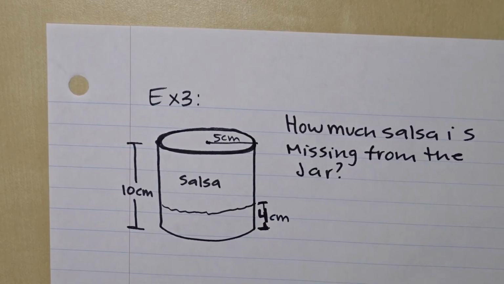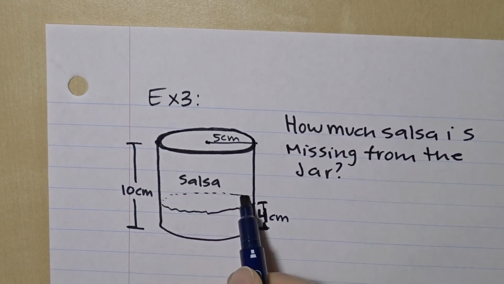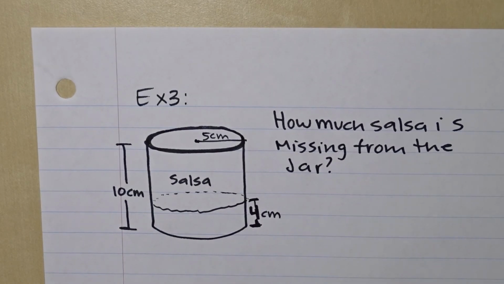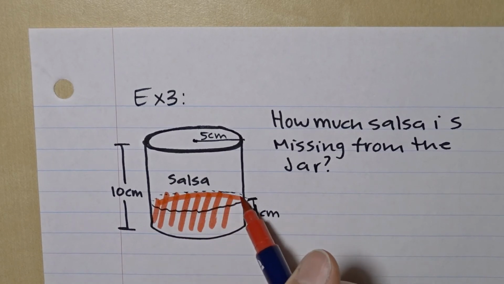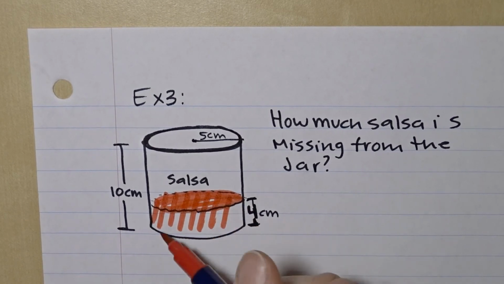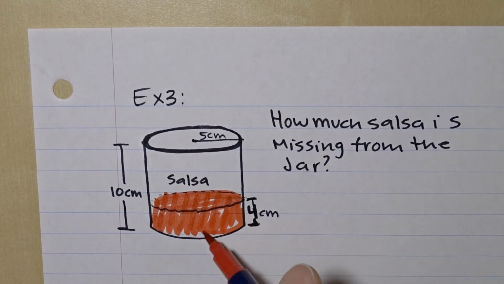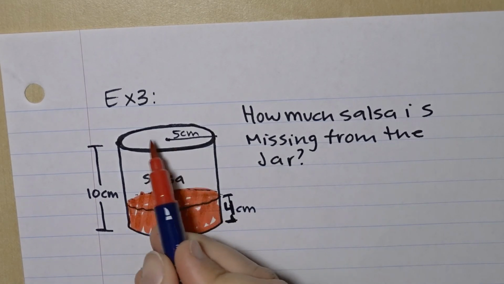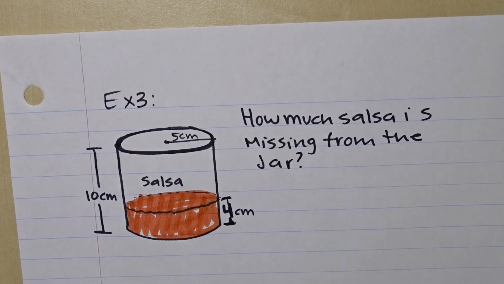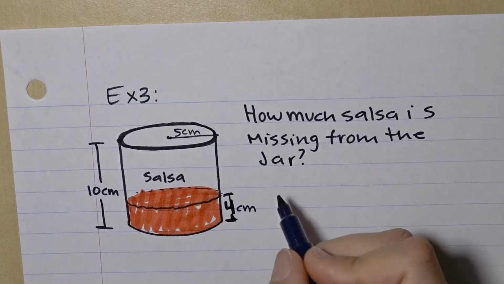All right, so we're going to assume that all of this salsa, which will make it red, is what's left in the jar. And they want to know how much of it is missing. Well, think of the empty space inside this jar as being another little cylinder, a cylinder of air and a cylinder of sauce. So we really want to focus on the cylinder of the air in the jar, so the volume of the empty space.